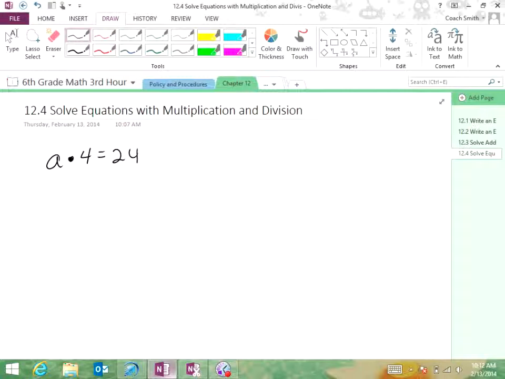Okay. You put 12.3 solve addition and subtraction, right?